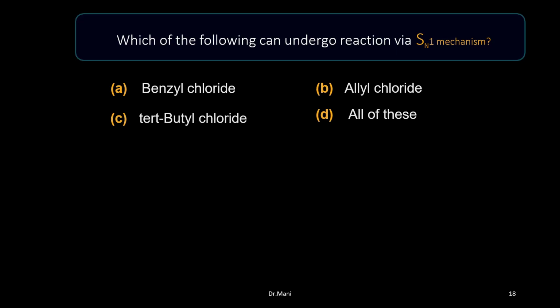Okay, do one thing. Mandara, you draw benzyl chloride. Shrikar, you draw allyl chloride. And Dia, you draw tertiary butyl chloride. Nitya, you draw all the three. Okay, sir. And send me in the WhatsApp group. I'll see who will send first. Okay, correct, sir.